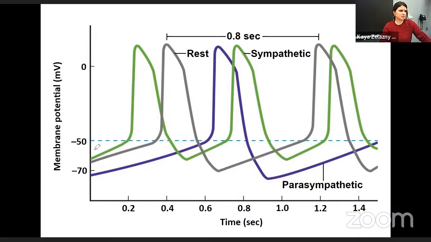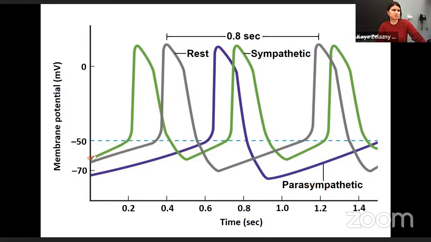Okay. So what we've done by binding to those beta-1 adrenergic receptors in the sinoatrial node, we've made it easier to depolarize these cells. We made it easier to depolarize, so it's going to happen quicker. So fundamentally, that's why our heartbeat gets quicker.